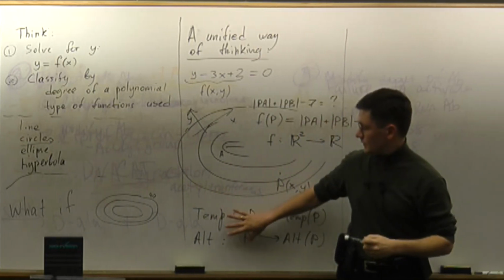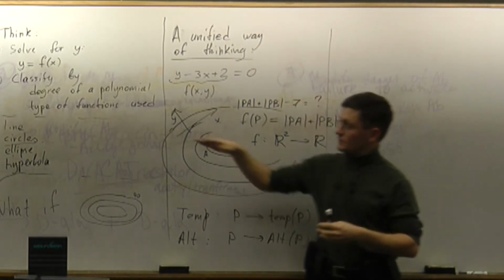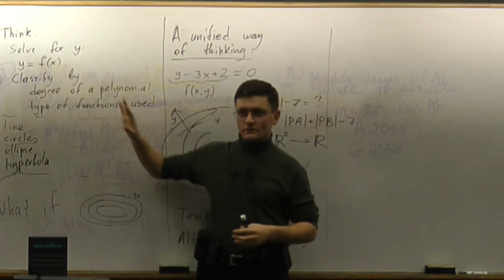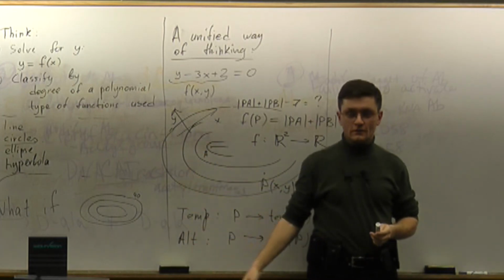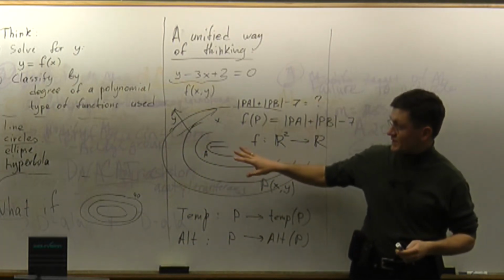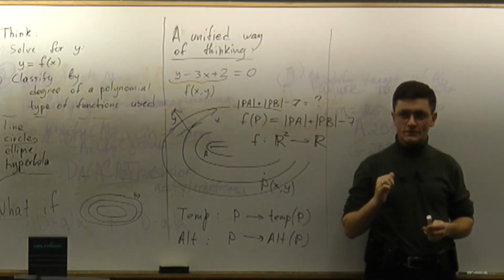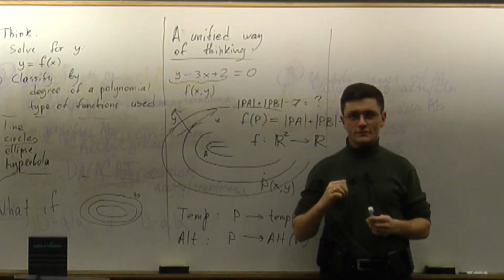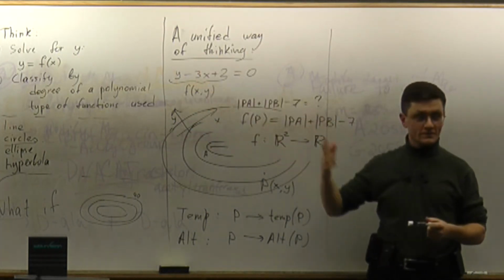And once you translate that into algebra, then you can work with the formula, you can simplify, you can classify, you can do a lot of things that you cannot even think about here. It's hard even to think about what would be the degree of this curve. What's the degree of a hyperbola? Or what's the degree of an ellipse? Unless you already did this translation and figured out its degree too.